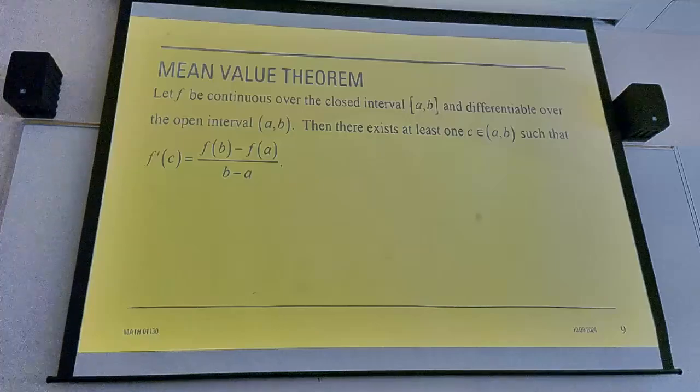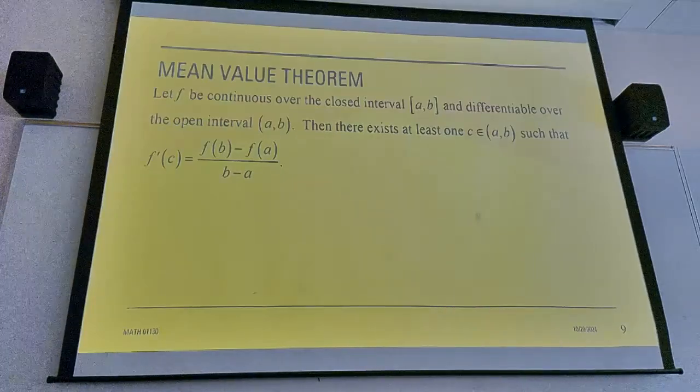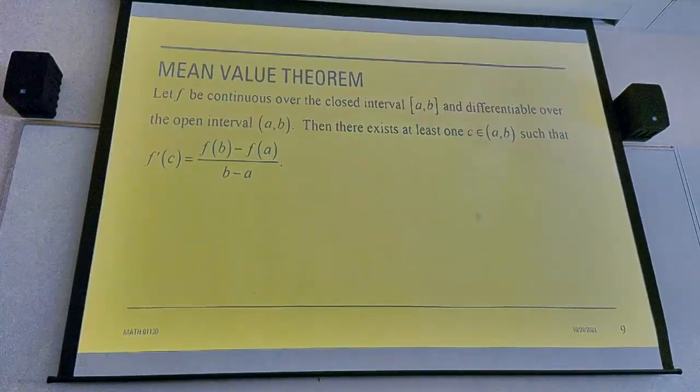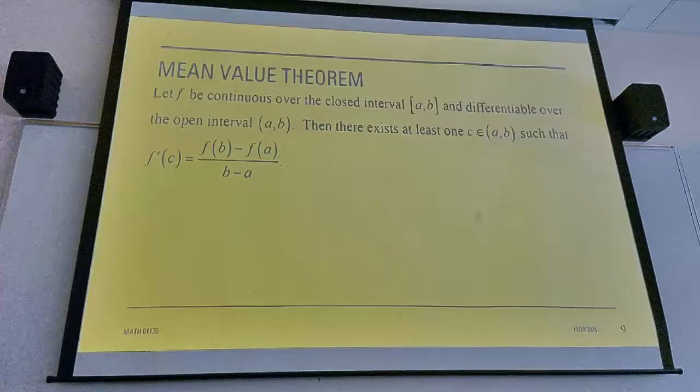So notice what the mean value theorem is actually saying. It says that for any continuous function over an interval, there is a point that is guaranteed where the instantaneous rate of change equals the average rate of change. And so if I put that into physical terms, you go on a road trip and you average 60 miles per hour, there's going to be some point in that trip where you were going 60 miles per hour.